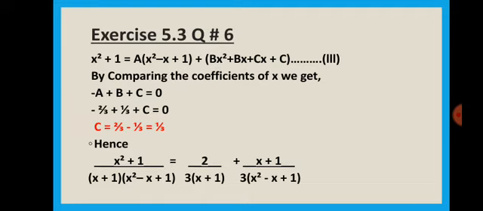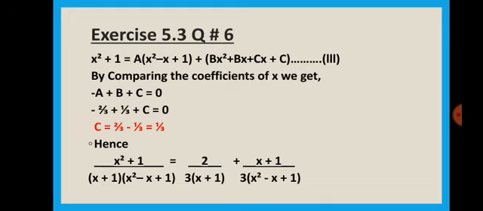So minus a plus b plus c is equal to 0 because there is no x on the left hand side. So we solve this equation to get the value of c.